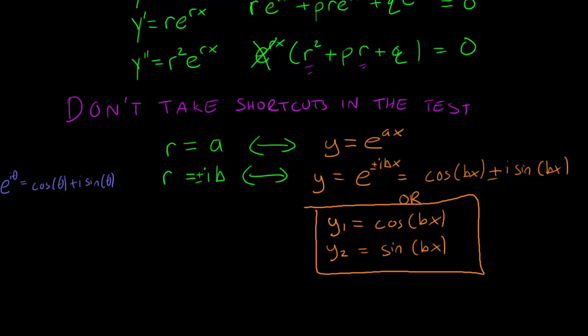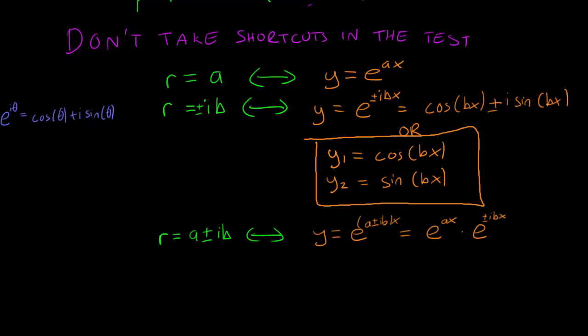So remember, we only get cosine and sine functions if we have imaginary roots for the characteristic polynomial. If we have a root r equals a plus or minus ib, then we have a combination root too. We substitute back in the r, and we get y equals e raised to the (a plus or minus ib)x.